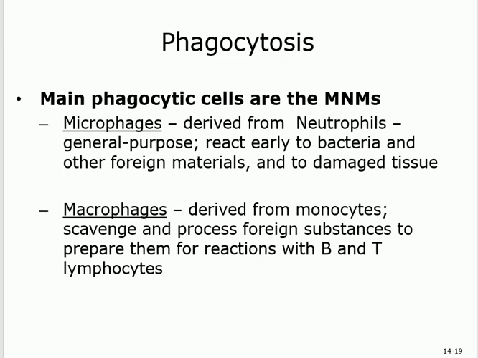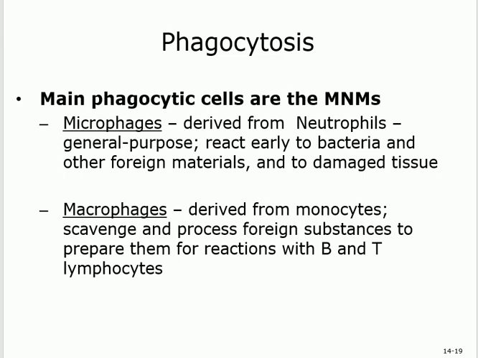Phagocytosis. What does phagocytosis mean? Engulfing, the eaters. Yes. So phagocytosis is eating or engulfing other cells. And we have two types. And again, this is all kind of repeat, but if you forgot, consider it refreshing our information. Micro and macrophage. Microphages are the small eaters. Where do they come from? From which white blood cell? Neutrophils.